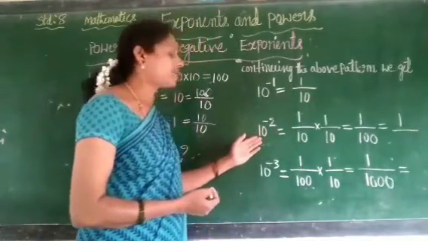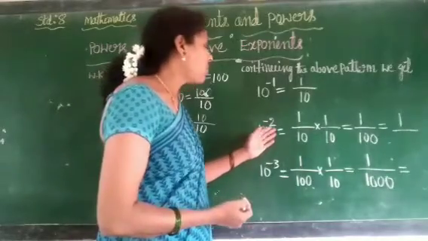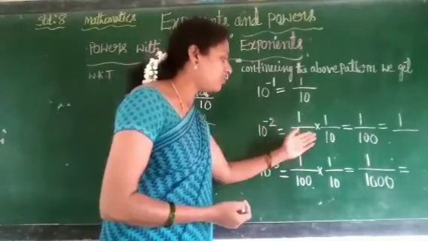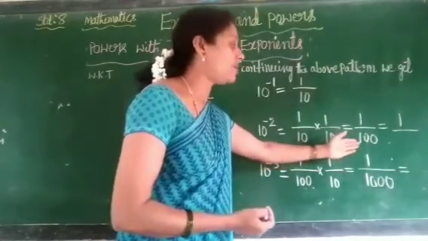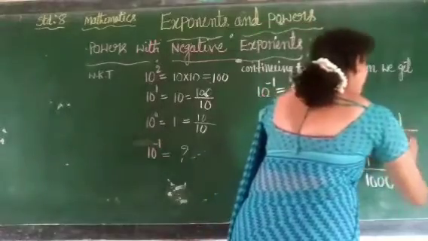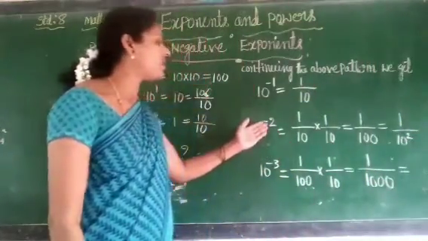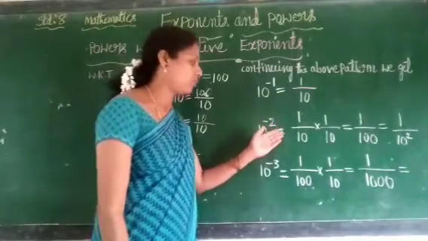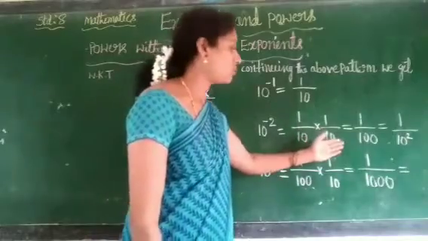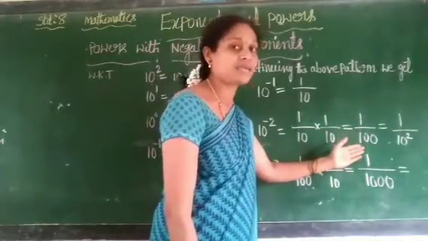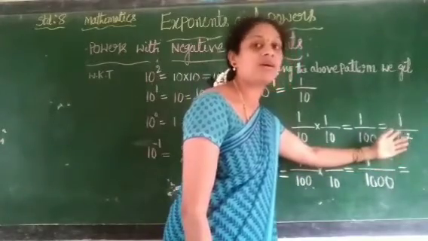Next, 10 to the power minus 2 can be written as 1 by 10 into 1 by 10, which is 1 by 100, that is 1 by 10 square.